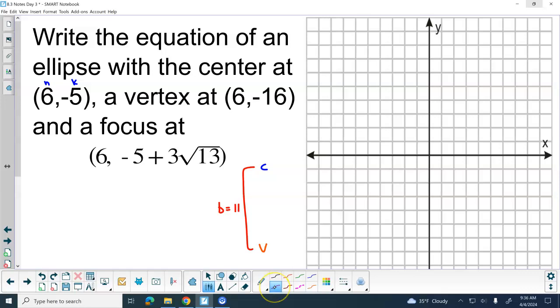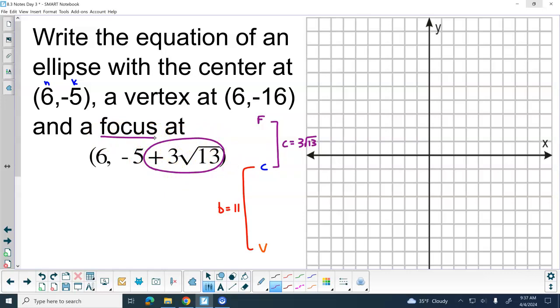We've got a focus then up here, and this distance is how much? 3 square roots of 13. Okay? Because that's getting added right here as part of the focus.